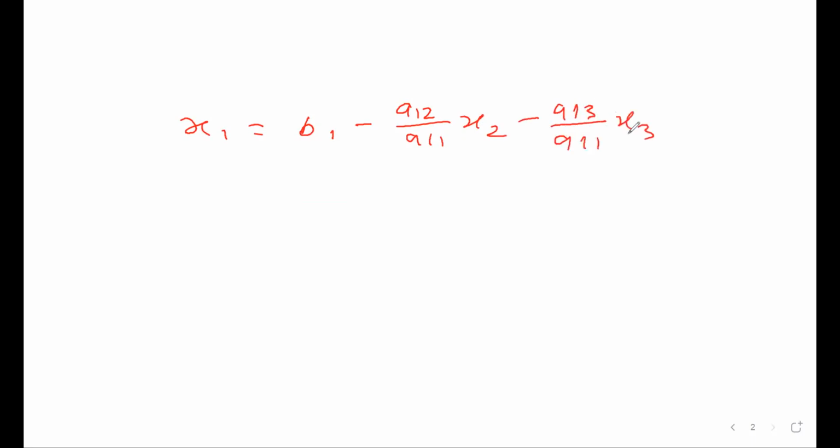In the general 3x3 equation, the first equation is solved for x1. That x1 is equal to b1 minus A12 divided by A11 into X2 minus A13 divided by A11 into X3, wasn't it?